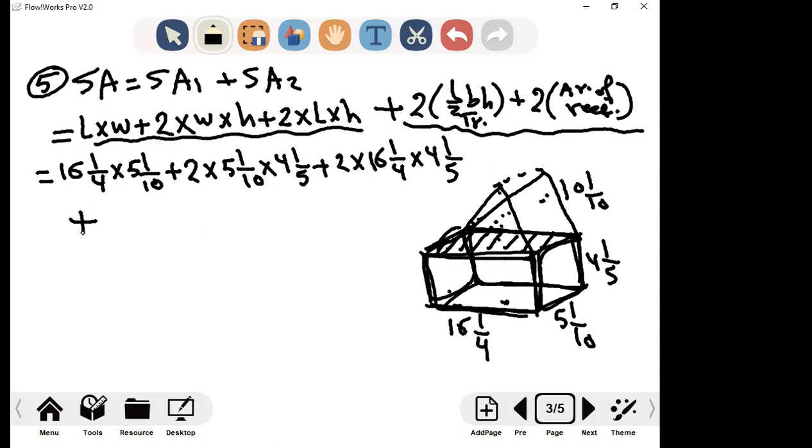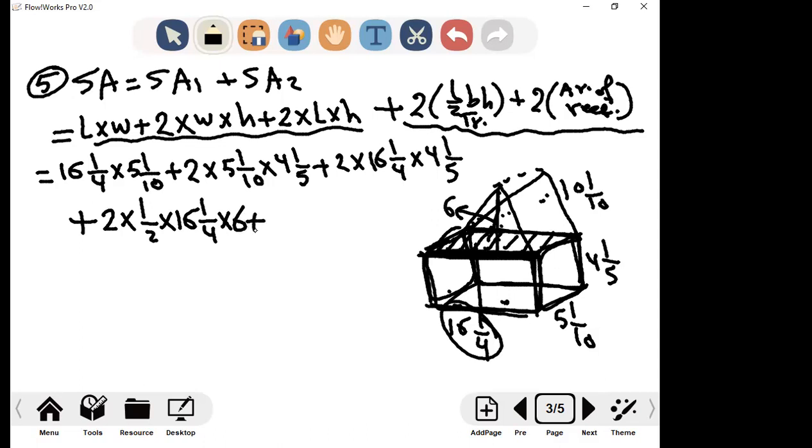Rectangular prism, right? Now the triangular prism up. Apply it, take a look in your book, in the figure, not here. Here it's not clear. 2 multiply half multiply. Now what is the base of the triangle? The base of the triangle is the same as 16 and 1 over 4, right? 16 and 1 over 4 multiply the height of the triangle, given, how much? 6.